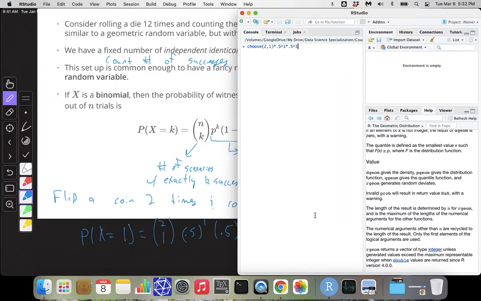The choose command is just choose. So if you want to do n choose k, it's choose(n,k) in RStudio. And no surprise, we've looked at the probability of 1 heads many times in previous examples, and we see that the probability of exactly 1 heads out of 2 coin flips is 0.5. Great.